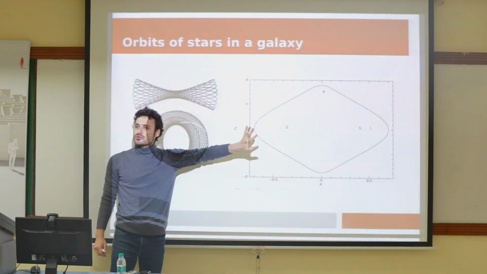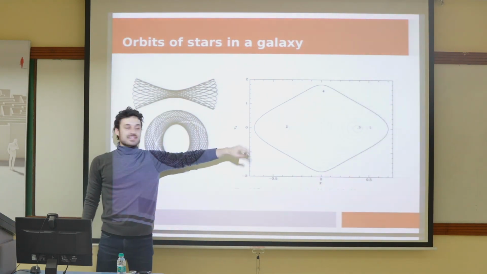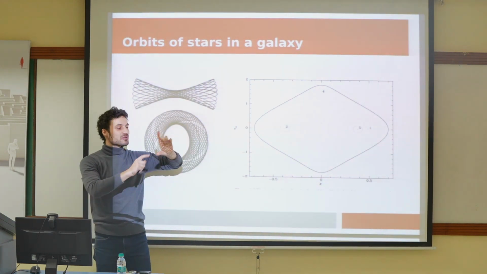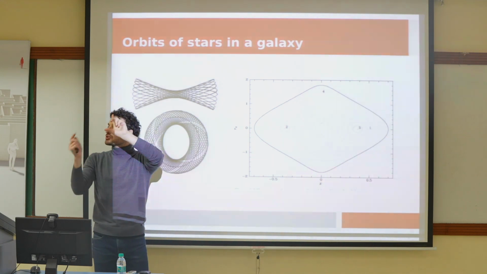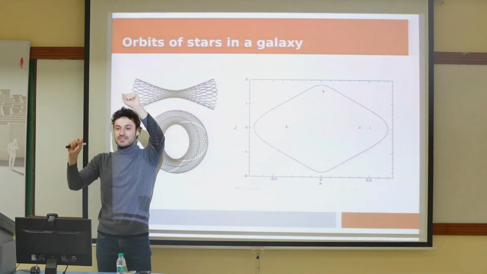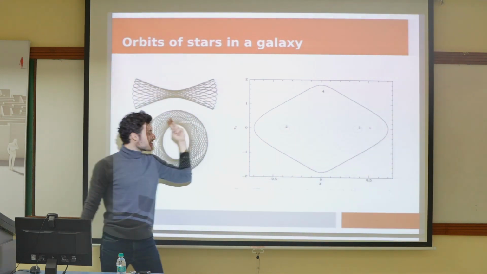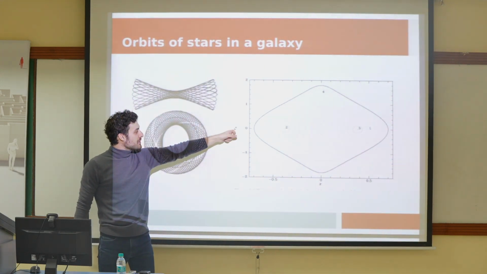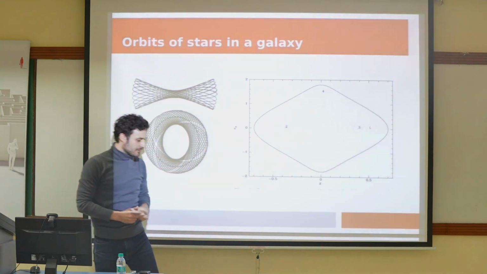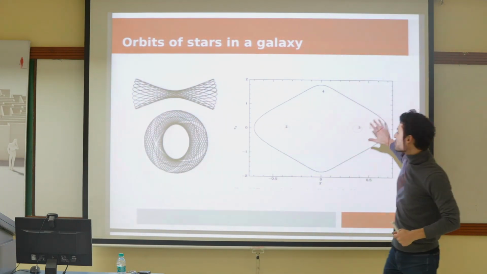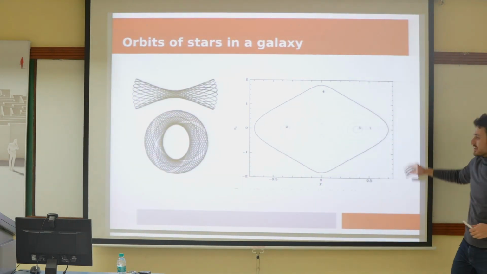So this is kind of how you do phase portraits, except a phase portrait was useful for a system that was one-dimensional, where you had x and the speed along x. But this system has a position in x, a position in y, and a speed along x, a speed along y. So in order to visualize this, you're going to use this thing called the surface of section.